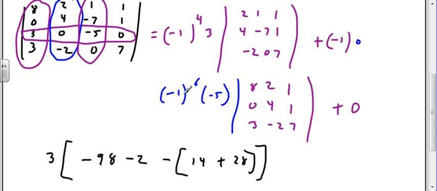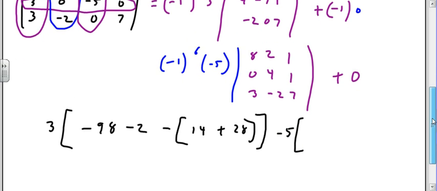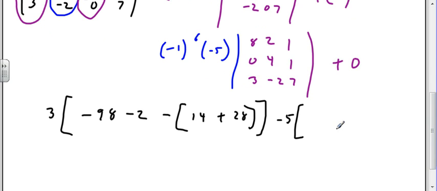Okay, this is minus 1 to the 6 is 1, so that's going to be minus 5 times, okay, so 8 times 4 times 7 is 224.